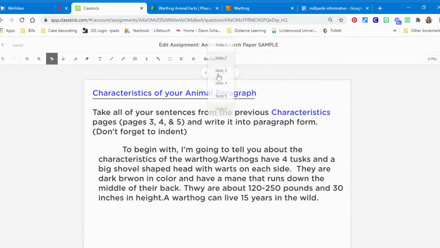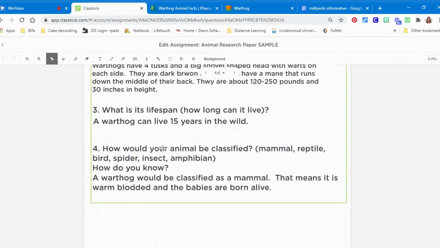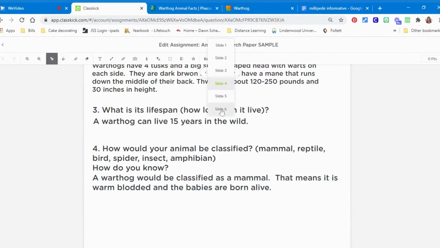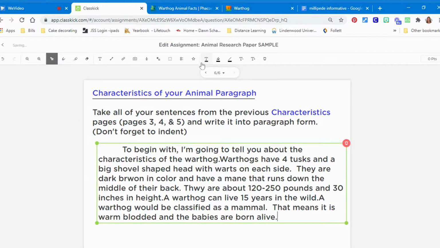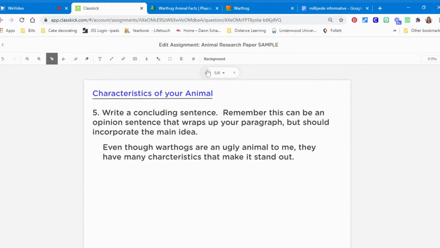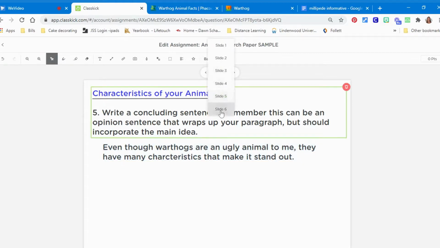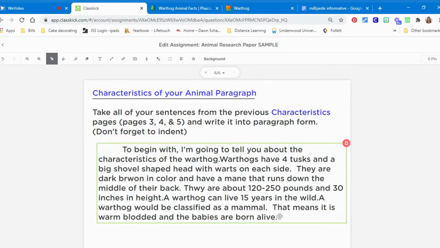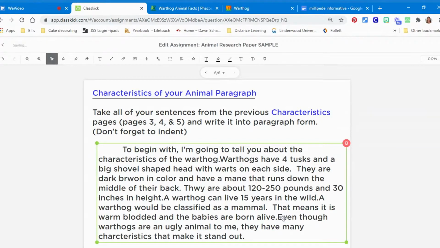And then one more time, go back to slide 4, number 4, Control C, copy, Control V, paste. And then for your concluding sentence, you're going to go back to slide 5 and copy your concluding sentence there, Control C, copy, and then go back to slide 6 and Control V, paste. And there you're done. You're done with your paragraph.